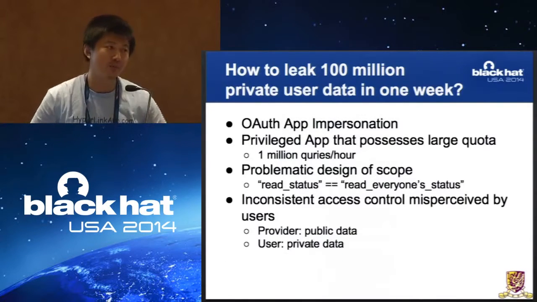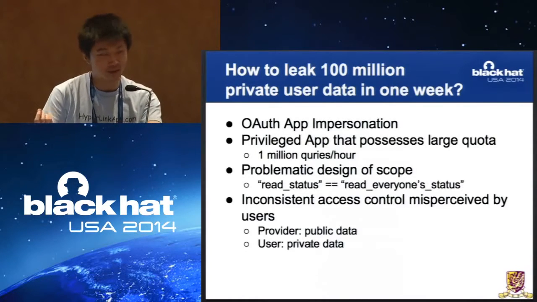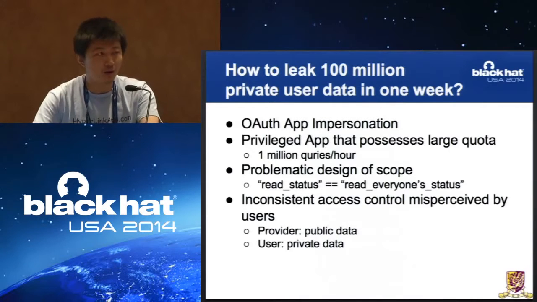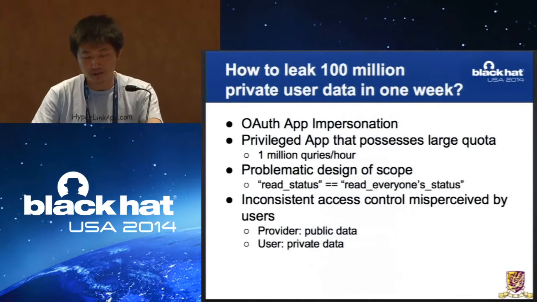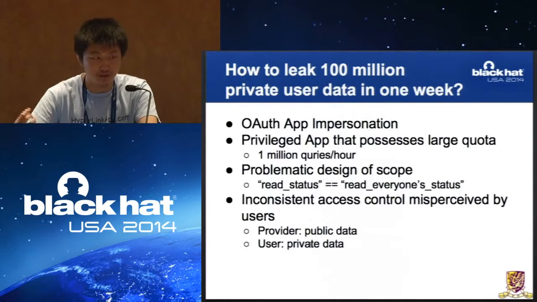So let's recall what factors make this problem: 100 million private user data in 1 week. First is the OAuth impersonation, because given this problem, you can impersonate another app. The second is that there exists a privileged app. If all the apps are born equal, then there's no incentive to impersonate others. However, since they are not equal, you have incentive to impersonate others, and it gives you the rate.